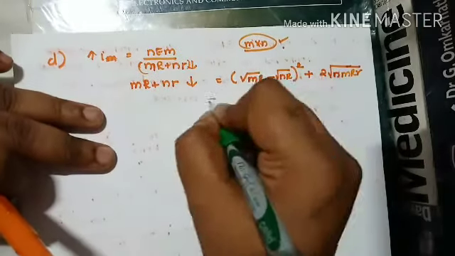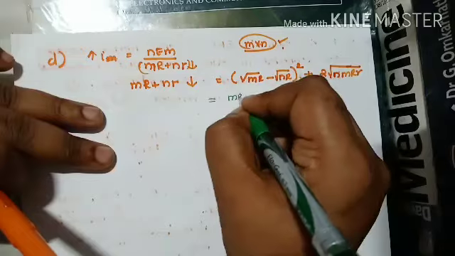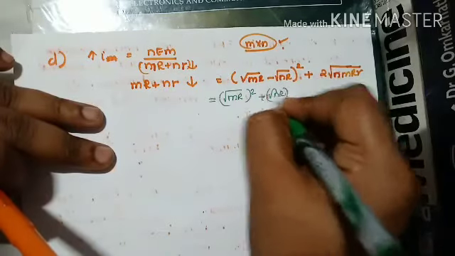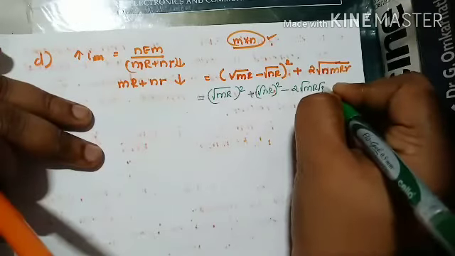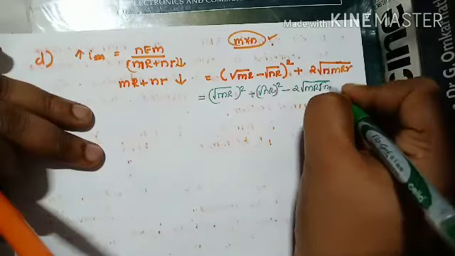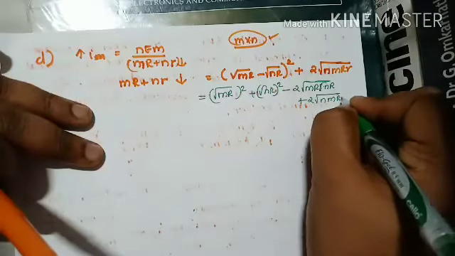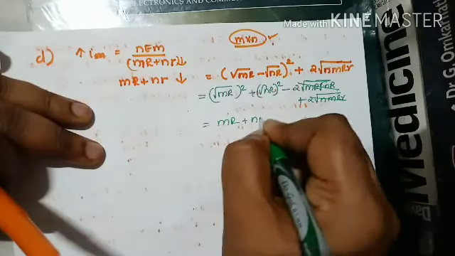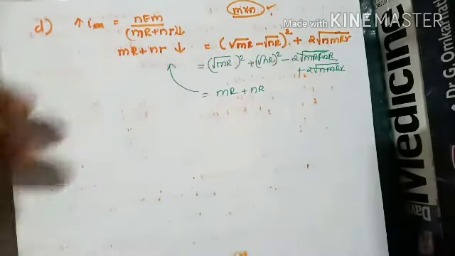See, what happens if I expand it? It is root MR whole squared plus root NR whole squared minus 2 root MR root NR. Now I can mix it up, it becomes this plus 2 root NMR R. These same terms cancel out. This is MR plus NR, right? Same. So I can write this one in this form also.